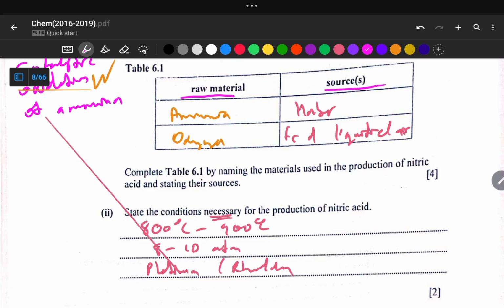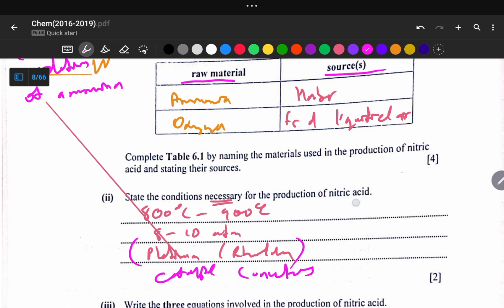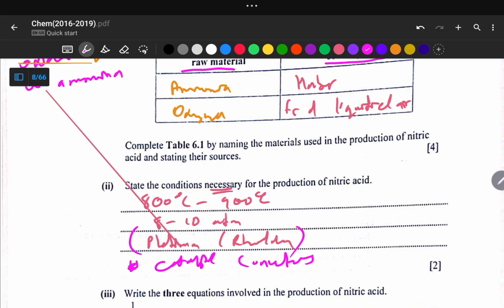This one is also a typical catalyst in the catalytic converters in the car exhaust. We must know the catalytic converter by heart. For the catalytic converters, we have platinum and rhodium as the catalyst, and also palladium.